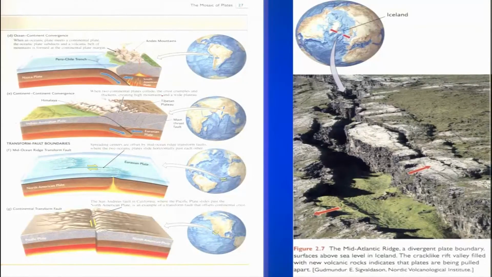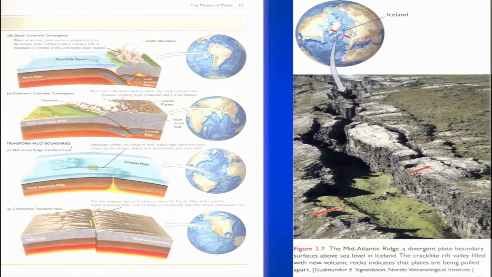Then we have the Tibetan plate and the Himalayas, but as I told you, now we do not have any evidence of volcanic eruption here, because two continental plates have collided. So we have continental convergence, but previously we have evidence that there were volcanic eruptions in the past, when an oceanic plate subducted below and reached the asthenosphere.